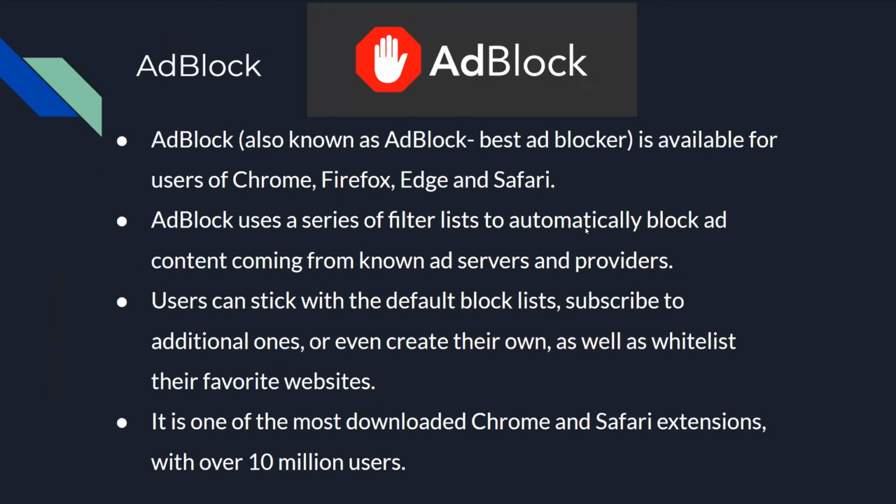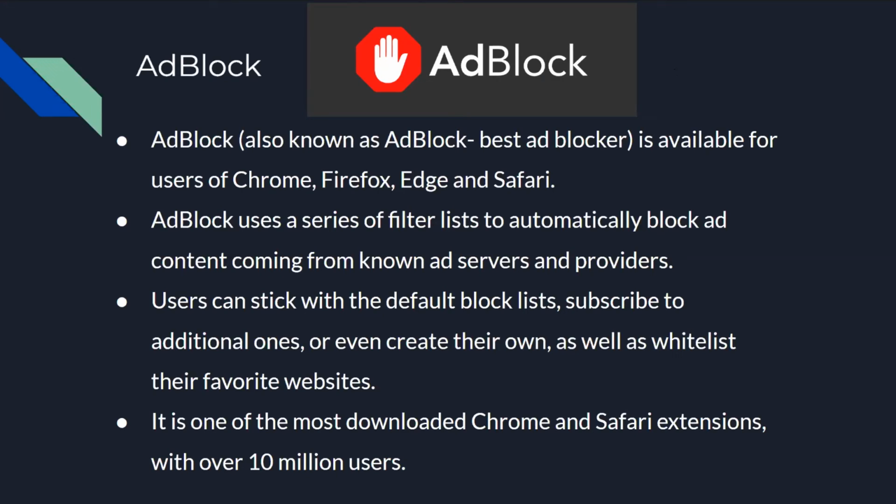All right, Adblock. Adblock, also known as Adblock Best Ad Blocker, is available for use on Chrome, Firefox, Edge, and Safari. Adblock uses a series of filter lists to automatically block ad content coming from known ad servers and providers.